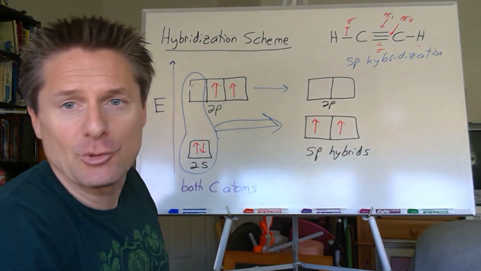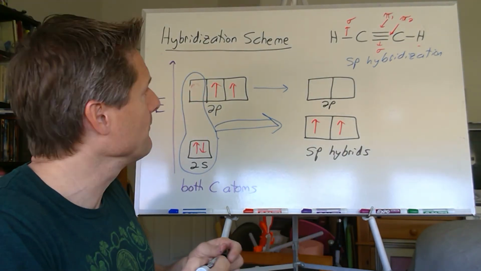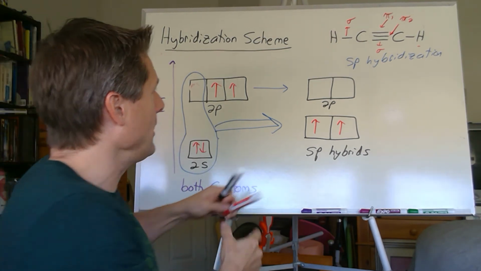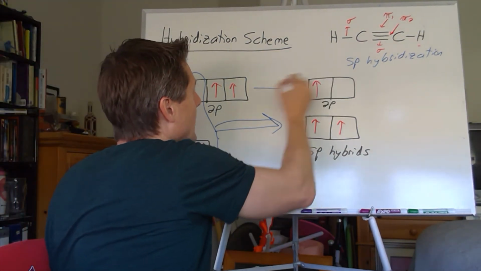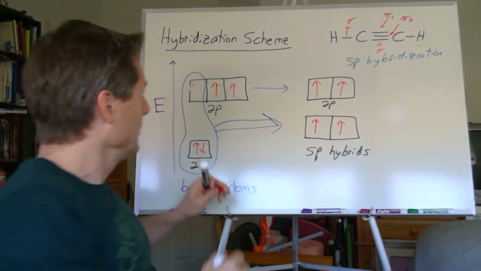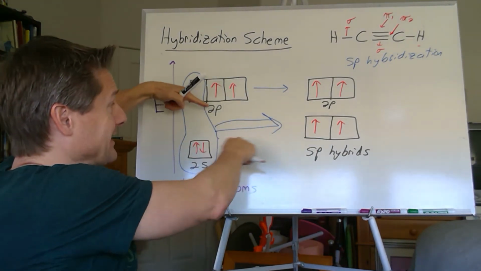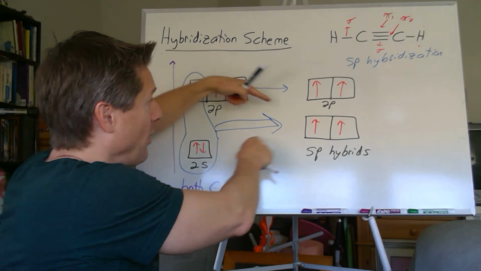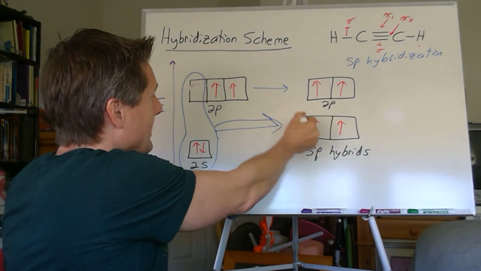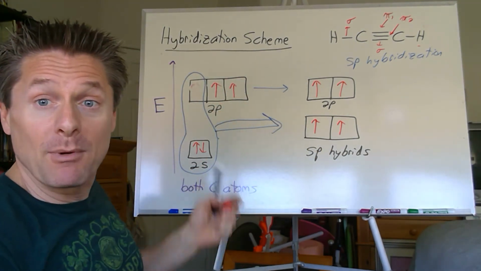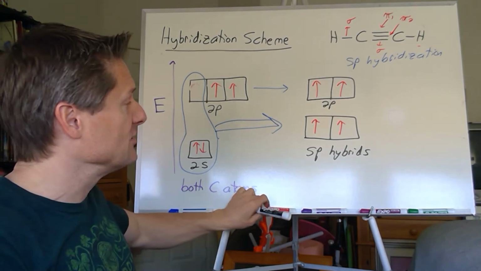And that could be 2px, 2py, or 2py, 2pz, doesn't matter. There's an electron in that one, same energy, and an electron in that one. But the hybrid is 1 part s, 1 part p. So it should be exactly in between the 2s and 2p.